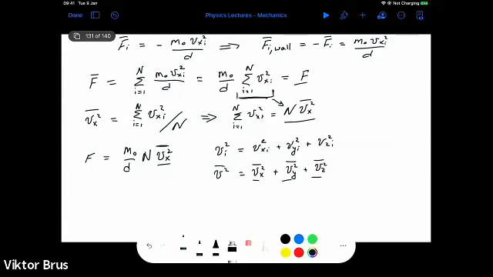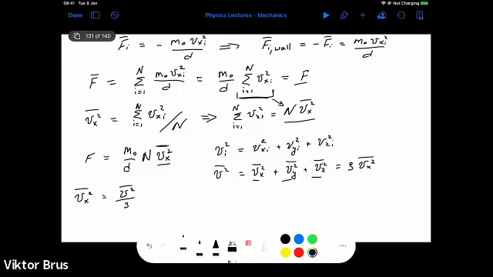So in this case, we can write that the sum is equal to 3 times Vx square average. And now we can calculate Vx square average as V square average divided by 3.